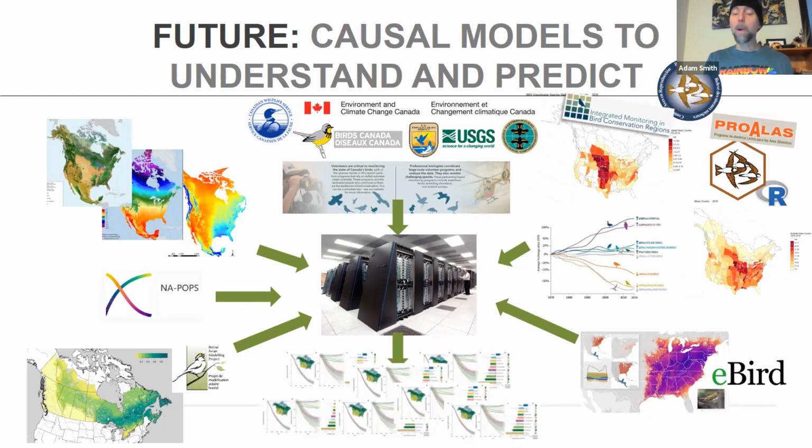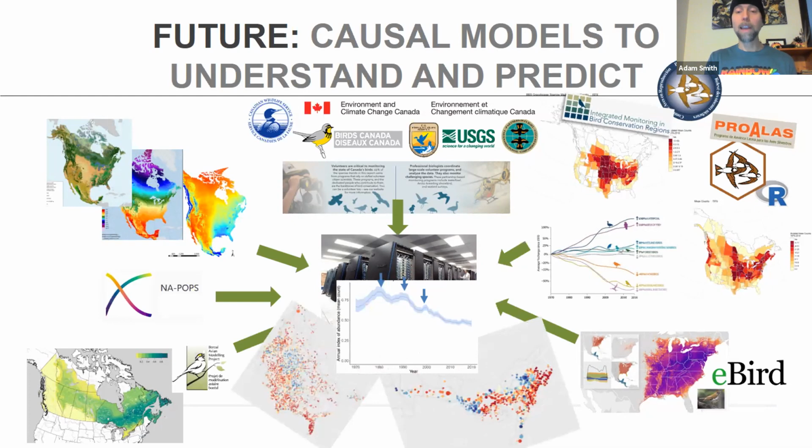And on top of that, we could be doing it at multiple spatial and temporal scales every year, so that we could drill down into the spatial patterns in population change. And when we're talking about integrating covariates, we're really moving from a reporting framework, where we track populations through time and report on how things have changed, into a true prediction framework.